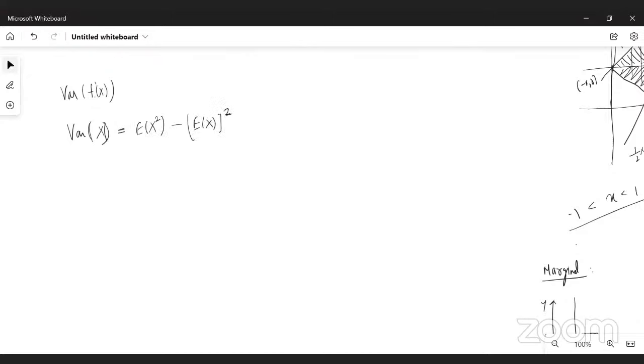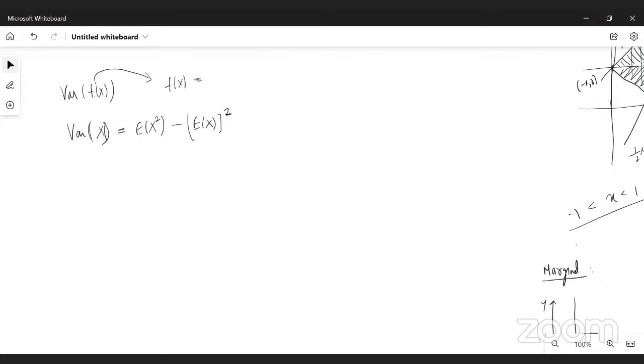Now, can you tell me what is your function? My function is, for example, there are two variables, so I can take y equal to xz plus x. There are two variables, x and z, correct?